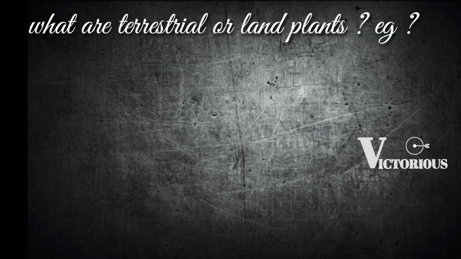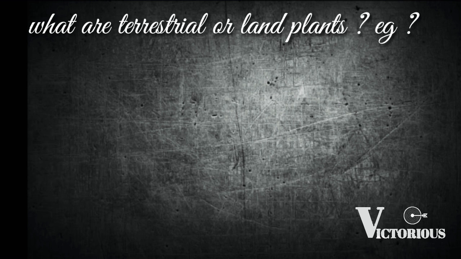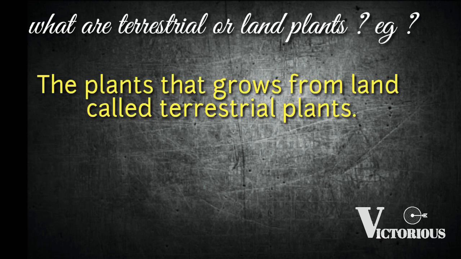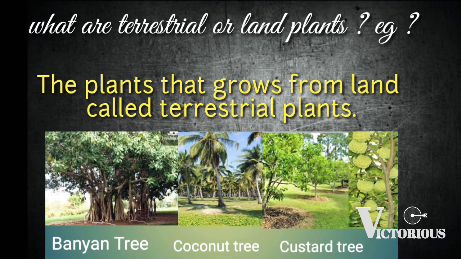So friends, next. Okay. What are terrestrial or land plants and examples? It was the other one. The plants that grow on land are called terrestrial plants. In the surroundings of our home, we can see a number of plants, right? Coconut trees, banyan trees, guava trees, and custard apple trees. A number of trees are there, right?